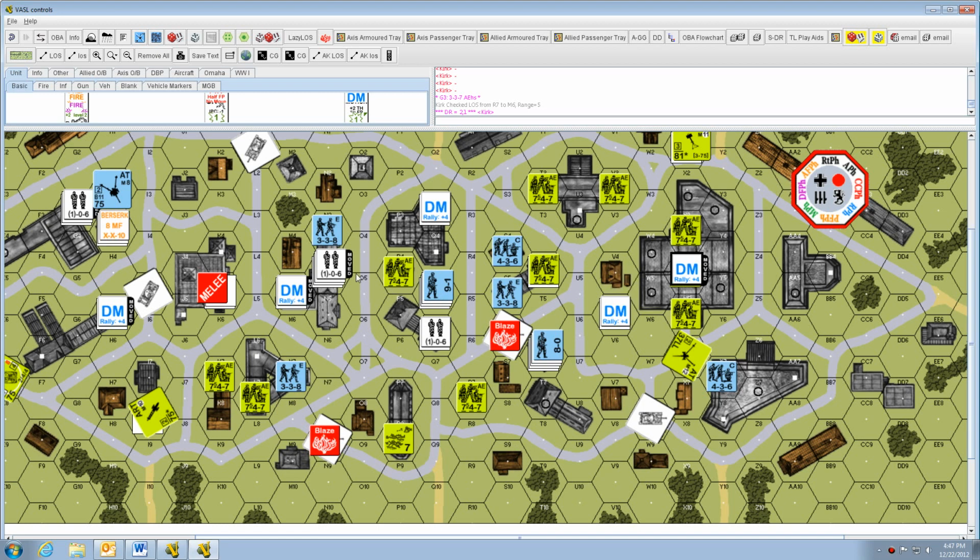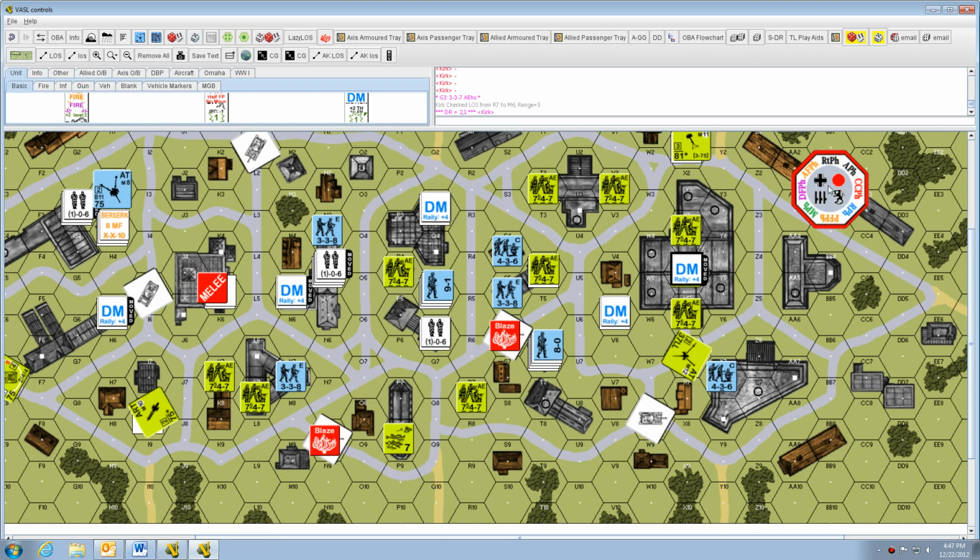Let's see if there's anybody else that we had talked about. I think that's pretty much it for the rout phase, and we kind of covered some of the rules that we had talked about associated with prisoners.